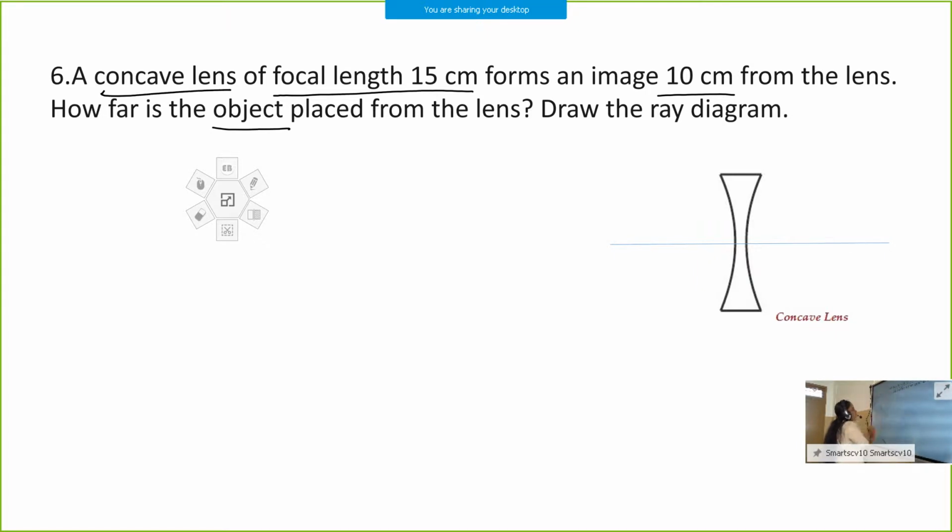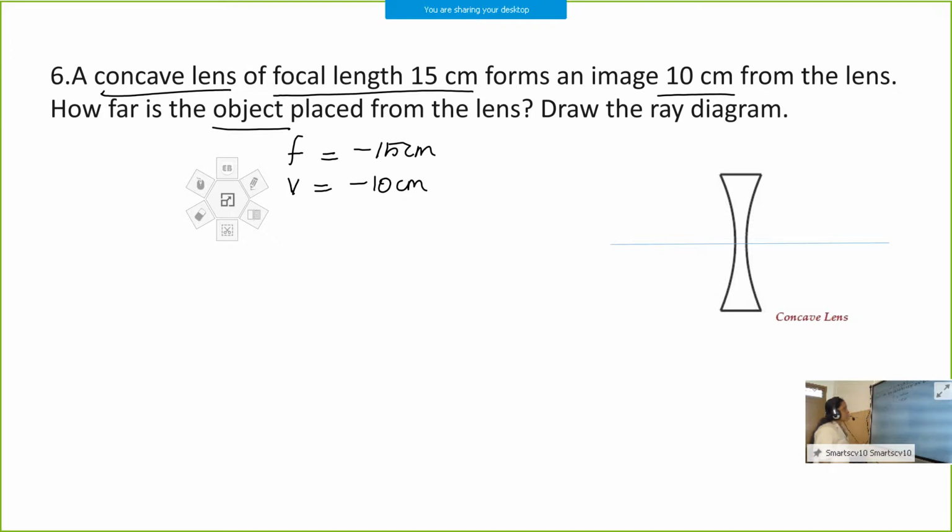So here the lens is a concave lens. So the focal length for a concave lens is negative, so negative 15 centimeter. It forms an image 10 centimeter from the lens. As you know, the image formed by a concave lens is also on the left hand side. So V is equal to minus 10 centimeter.